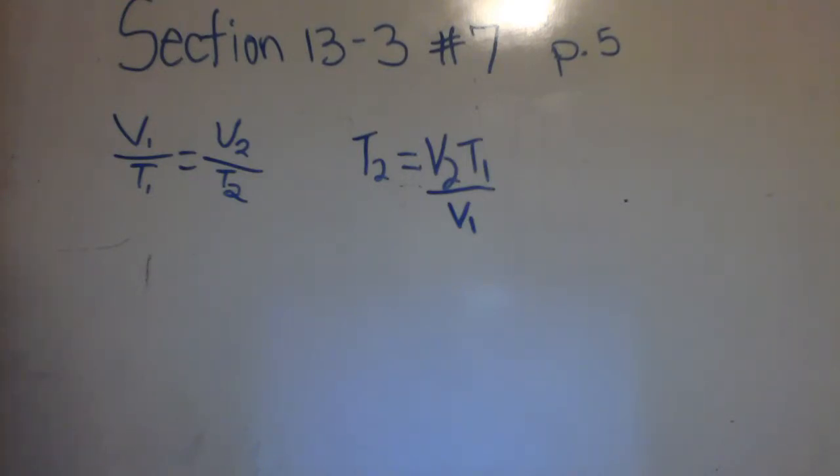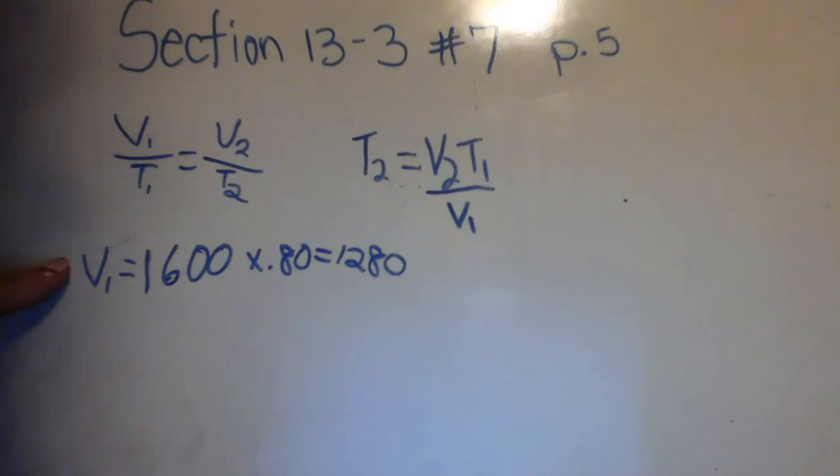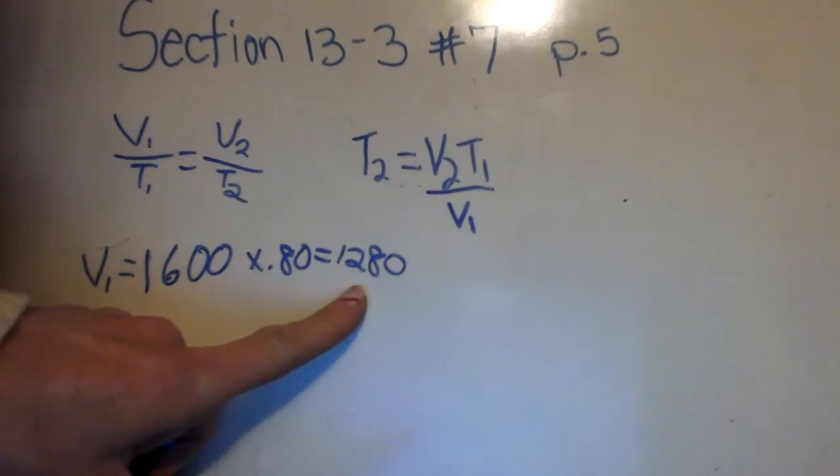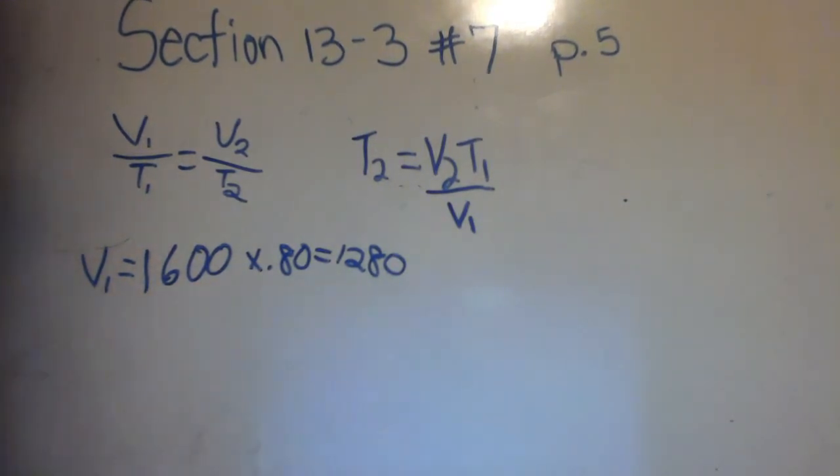It also tells us that the balloon is filled completely at 1,600 meters cubed. 80% of 1,600 meters cubed is how full the balloon is at first. Volume 1 equals 1,600 times 0.80, or 80%, and that comes to 1,280 meters cubed.